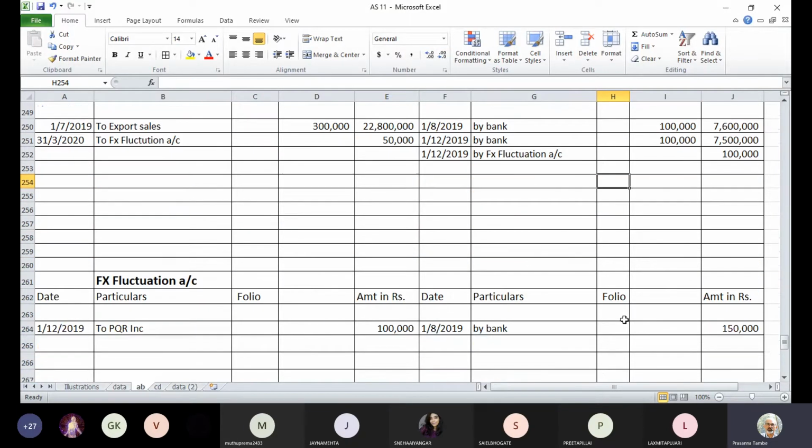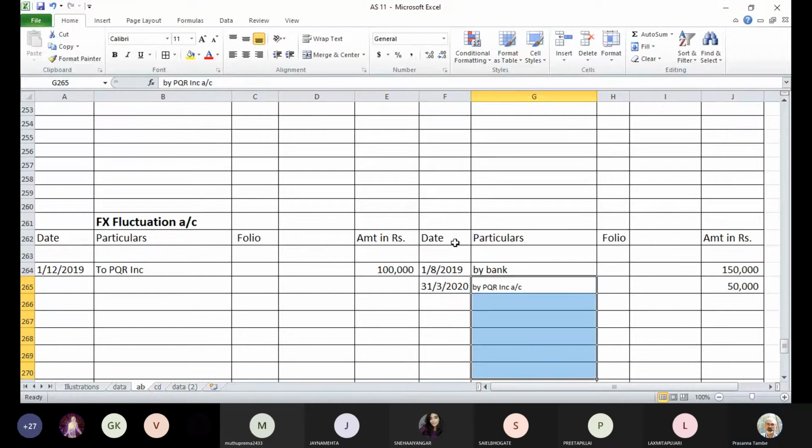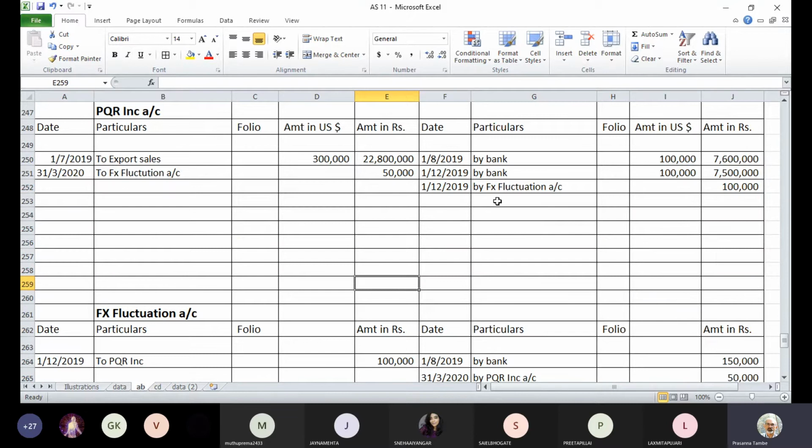So in FX fluctuation account, 31st March 2020, by PQR Incorporated account, 50,000 rupees. Entry we have passed is PQR Incorporated account debit to FX fluctuation account 50,000 rupees towards the adjustment of exchange rate at the end of the year.